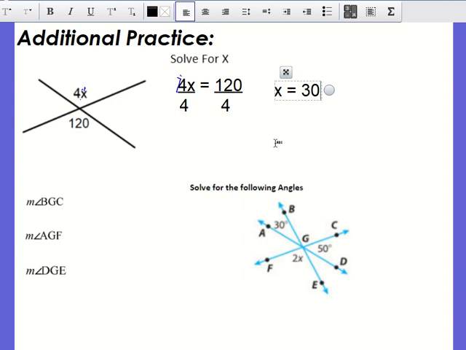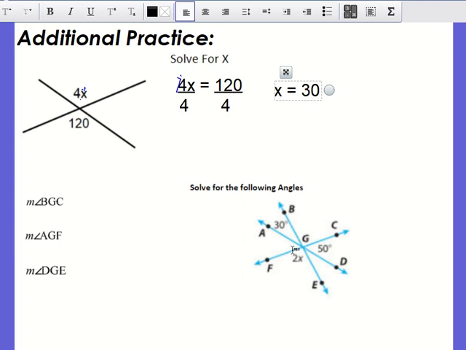And there we go, we solved. That's all we do. So then down below, it says solve for the following angles. They want specifically BGC, AGF, and DGE.